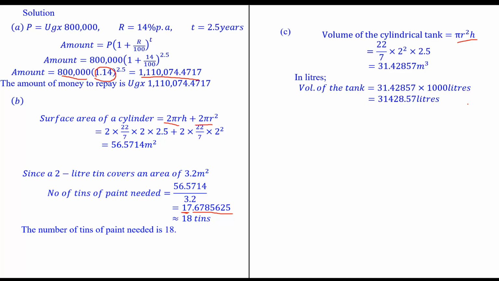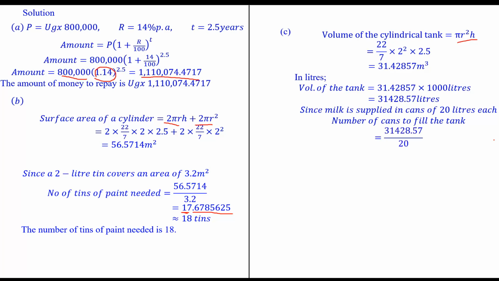So because we are using 20-liter cans, we shall divide by 20 to get the number of cans. Since the milk is supplied in cans of 20 liters each, the number of cans to fill the tank will be that one divided by 20, which gives 1,571.42857 cans.